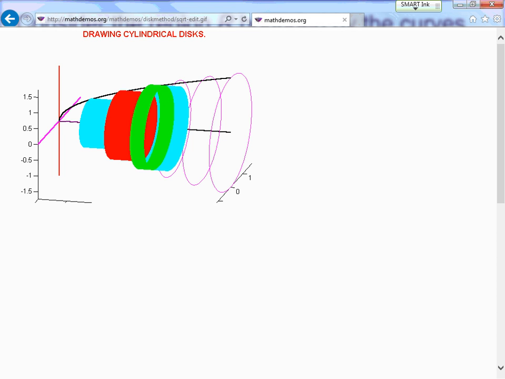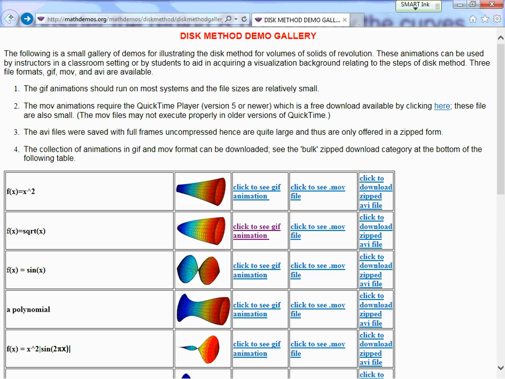I can't take it anymore. Let's see if we can get a better one. So maybe, is this one going to be better? Is this going to work? Didn't work. Do I need anything?